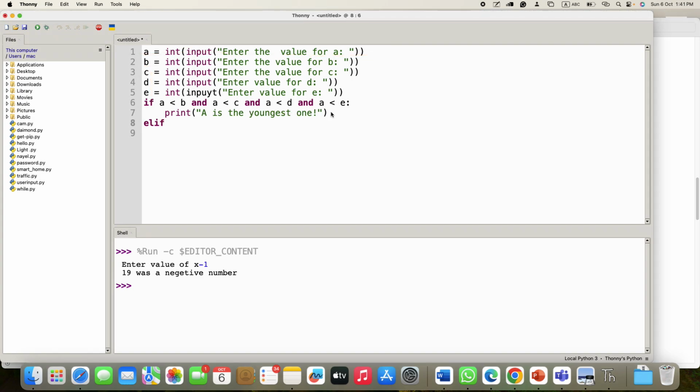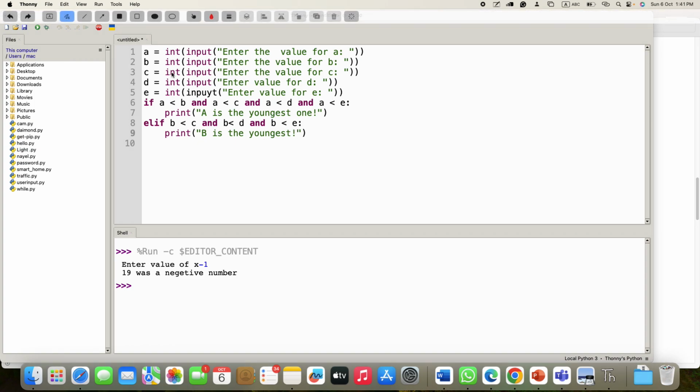Else if B is less than C and B is less than D and B is less than E. That's it. And then we print B is the youngest, because if that is true, then B is the youngest one.